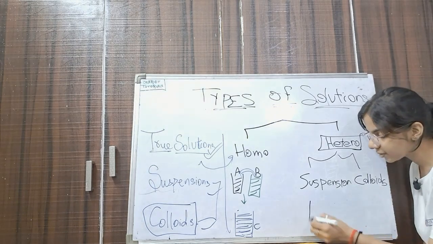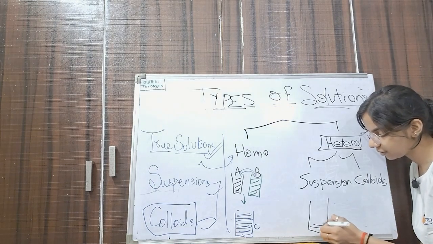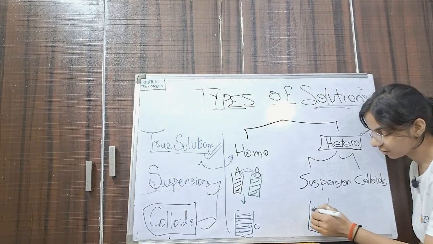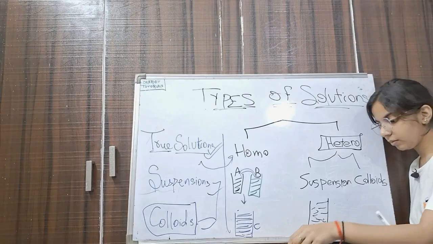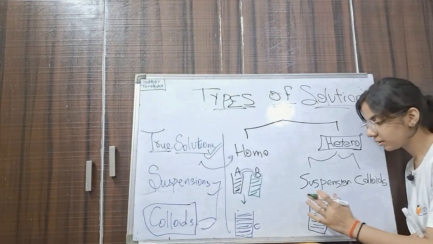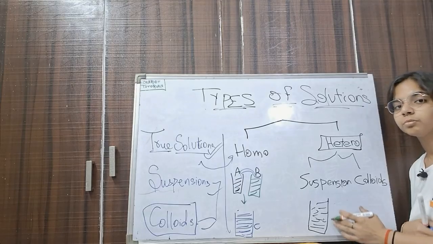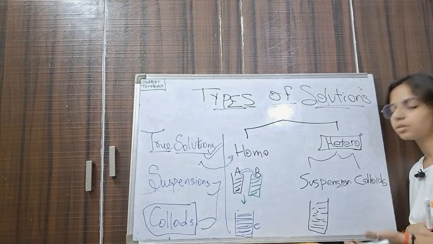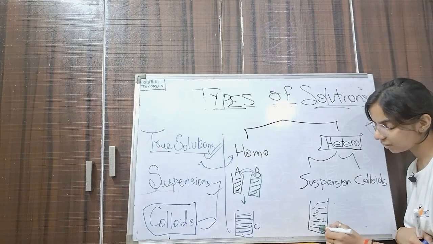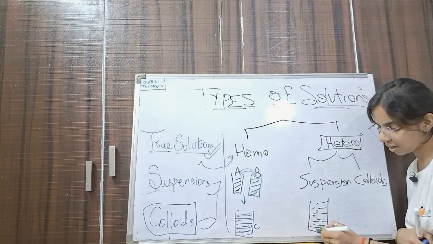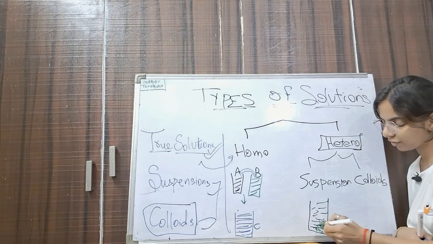So what will happen is, in suspensions, if this is a solution, the substance which is mixed in it will eventually, if you keep it still for some time, settle down at the bottom, and you can clearly identify a precipitate.